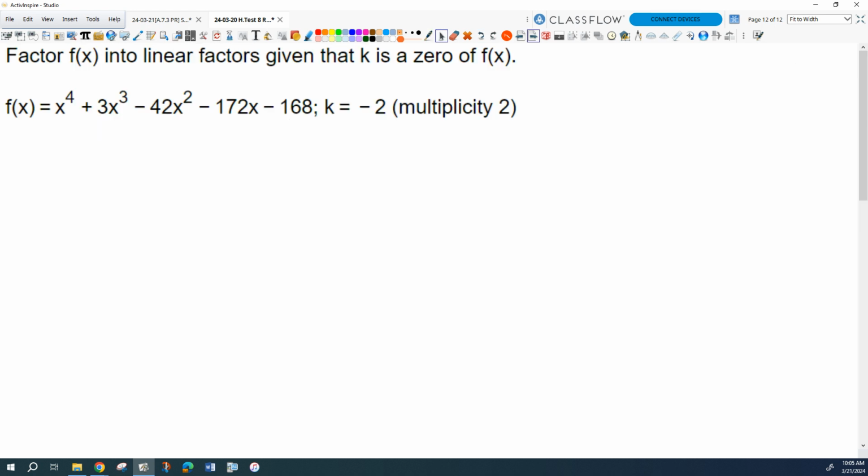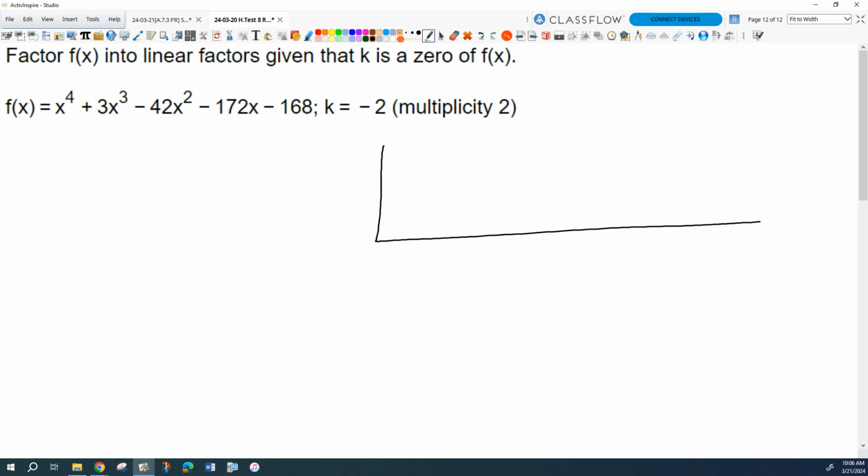All right, last one. How about this? Factor f of x into linear factors given that k is a 0 of f of x. Well, k is -2 with a multiplicity of 2. So how could I do this one? Okay, good. We're going to do synthetic division twice. We know it has to work twice because the multiplicity is 2. So we'll make our synthetic bracket.